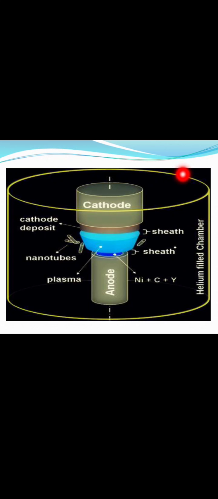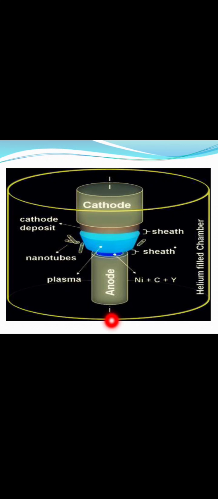This full part is the arc column. This arc column is filled by helium gas, for cooling purposes. This is the anode, this is the cathode, so both electrodes are made up of graphite rod.